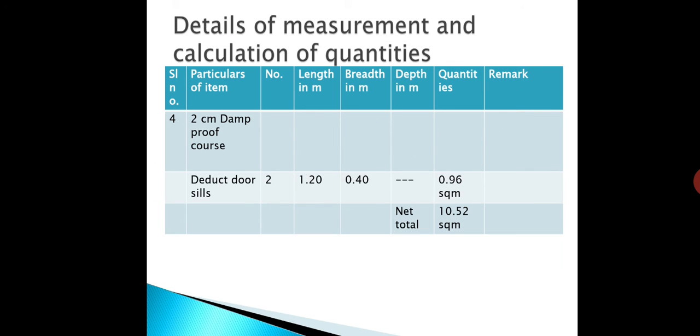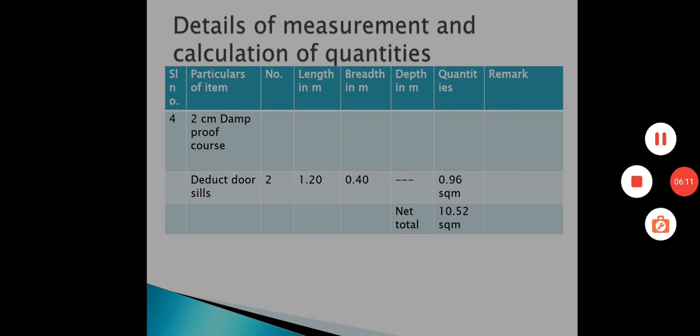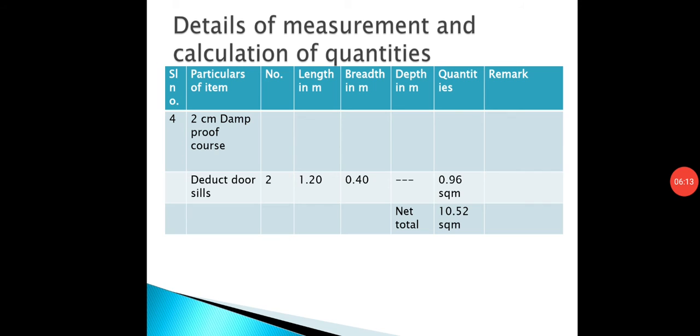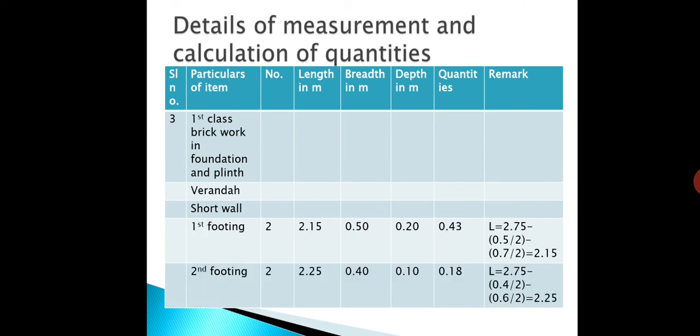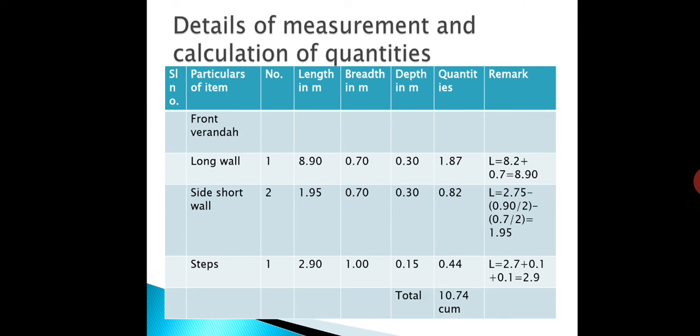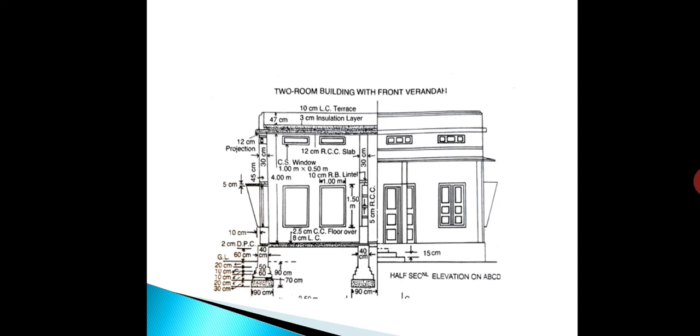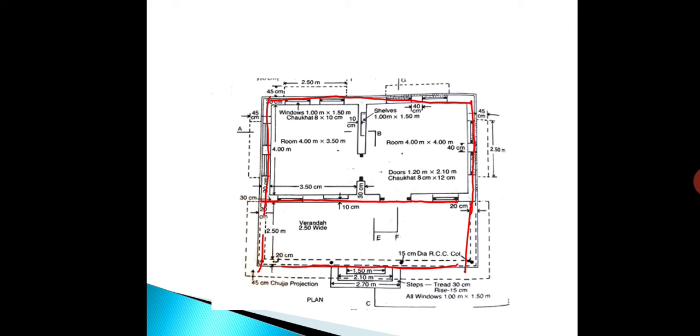Okay. Then you have to deduct the door sills, because in these portions of door sill there is no superstructure wall. So there will be no DPC. For deduction of door sill, first we have to know the dimension of this door.